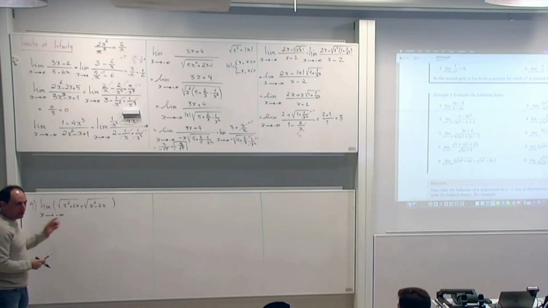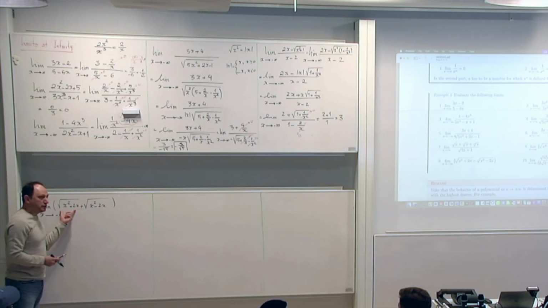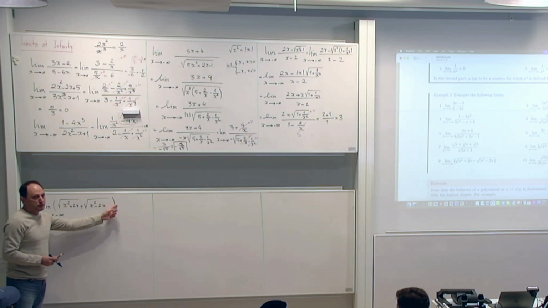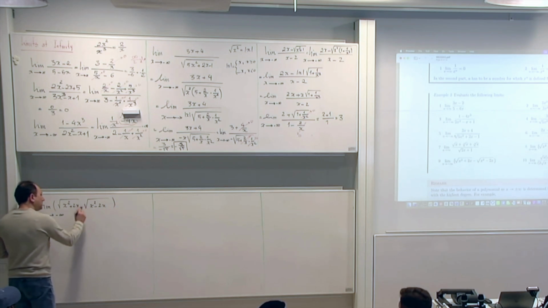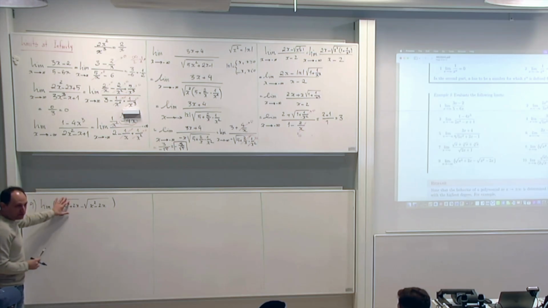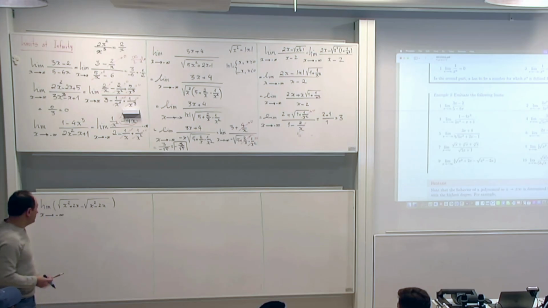What is the answer? Infinity. Because if it is plus, you have plus infinity plus infinity, which is infinity, and you really don't need to do anything at all. But with the minus, it becomes a little harder because this is infinity minus infinity, and the result depends on which one is larger. The answer is indeterminate, so we have to determine it.